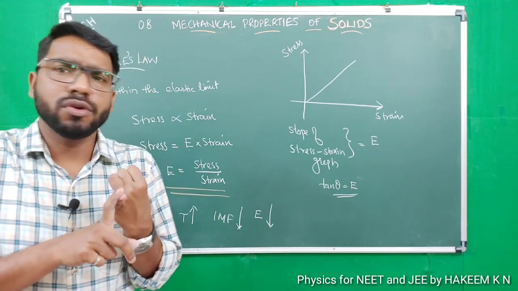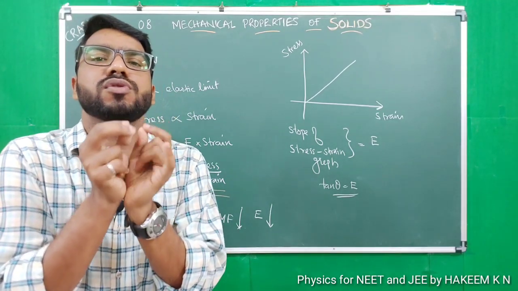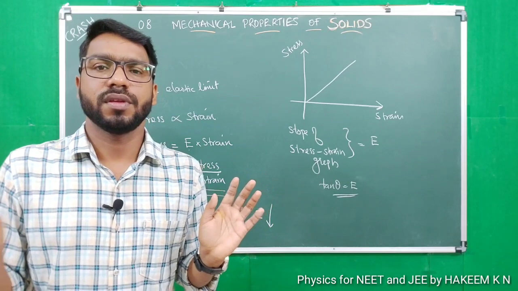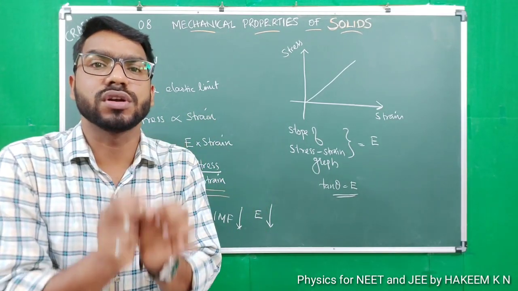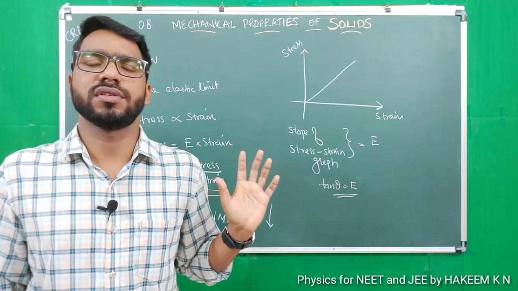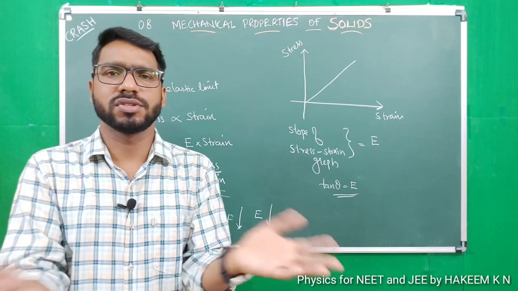And the value of E does not depend on the dimensions or size of the material. For a material, the modulus of elasticity is constant at a particular temperature. It is independent of its length, shape, mass, dimensions.